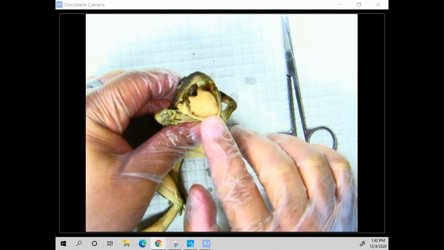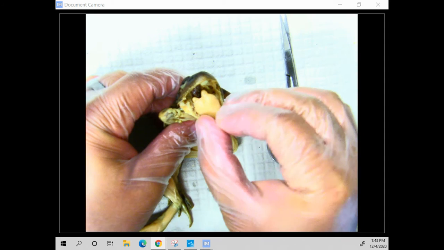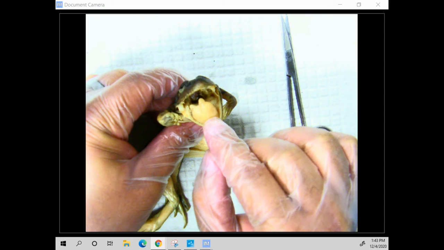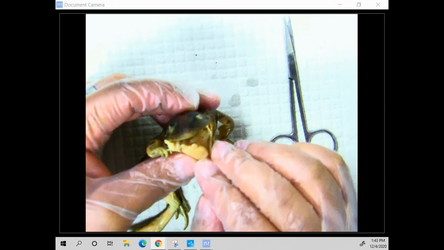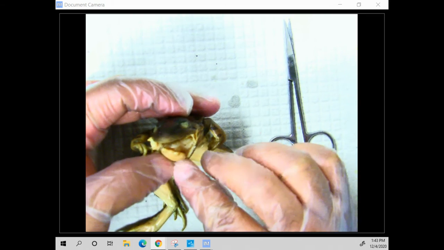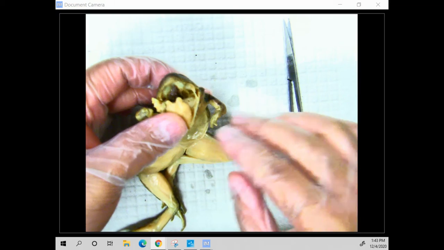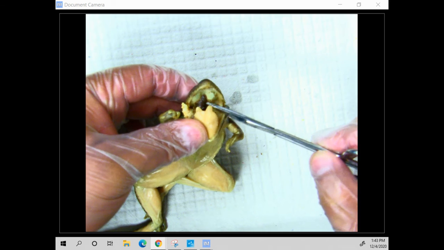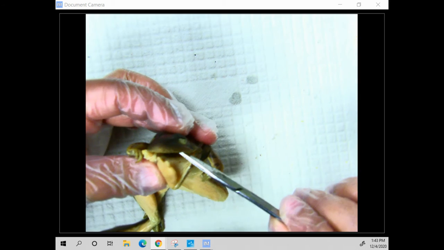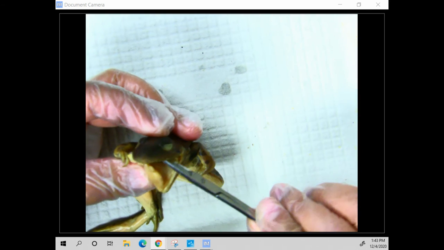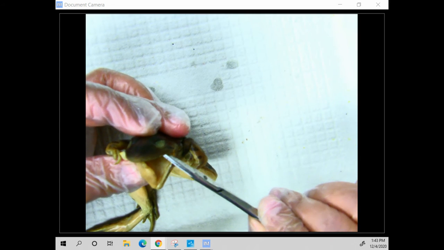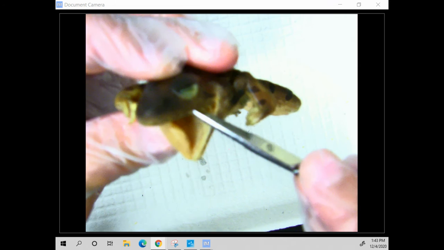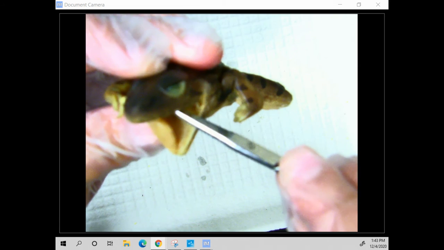So some of these internal structures are the tongue. Our tongue is right here. That's the first and biggest thing you're going to see. Some of the other things you're going to see are, if you look on the underneath part of it, these bulging structures right here, which are actually the eyeballs. If I push on that structure in here, you can see that the eye moves on the outside.